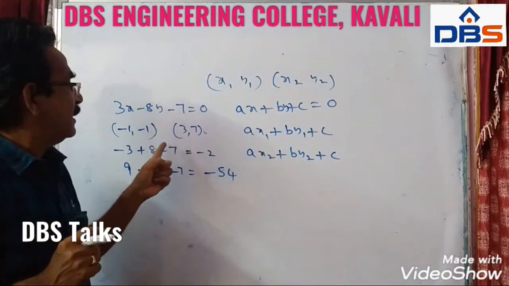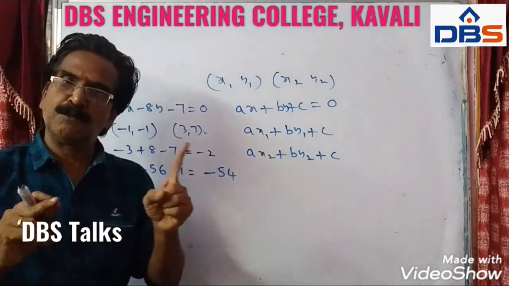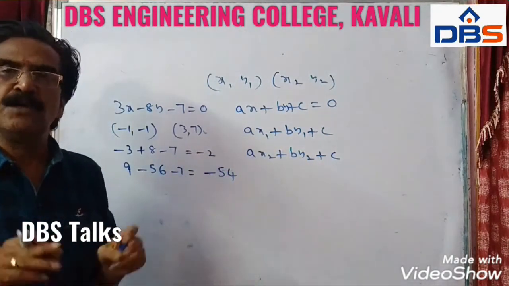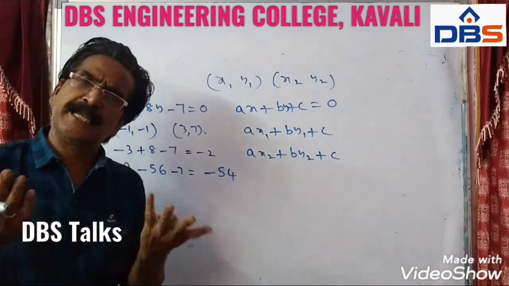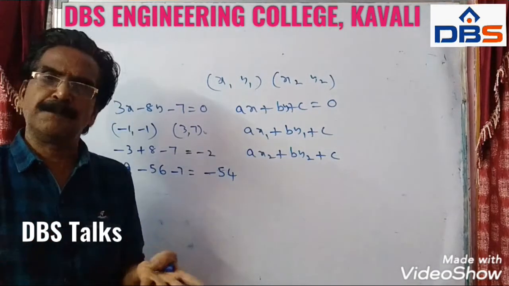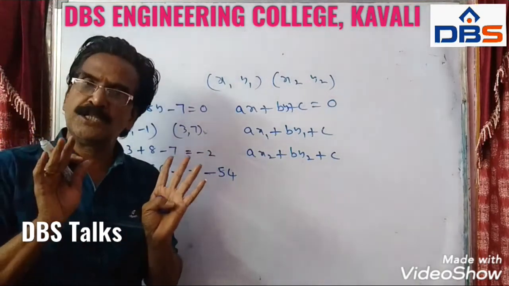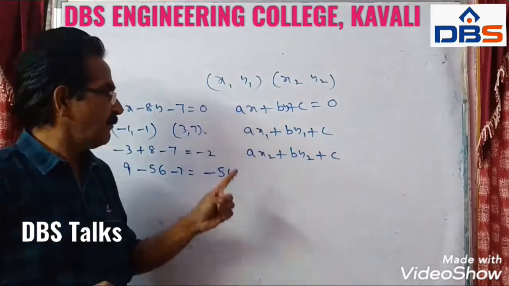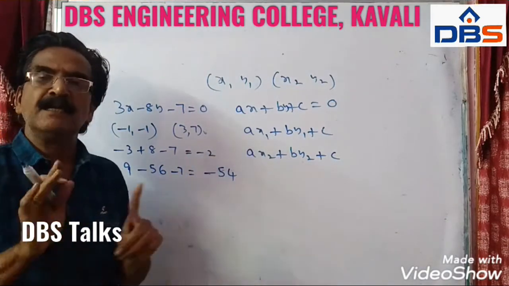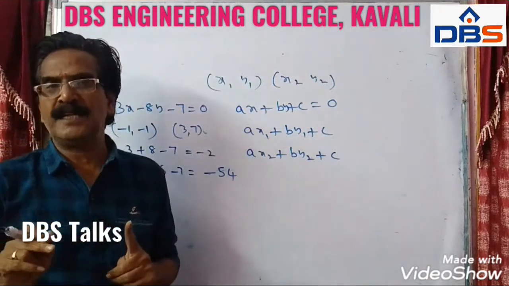This is ax1 plus by1 plus c is less than 0, and ax2 plus by2 plus c is also less than 0. Both are negative. If both have the same sign, either minus or plus, then these 2 points lie on the same side of the line.